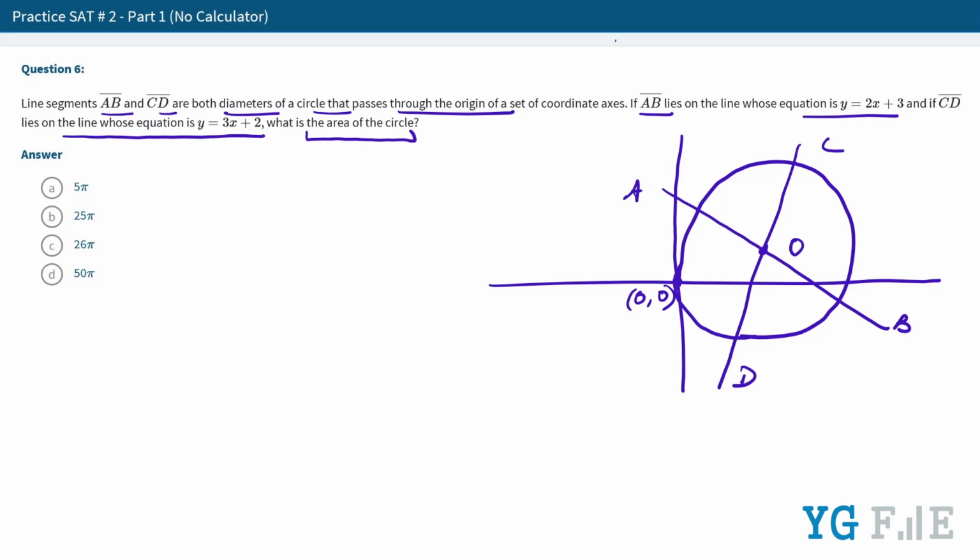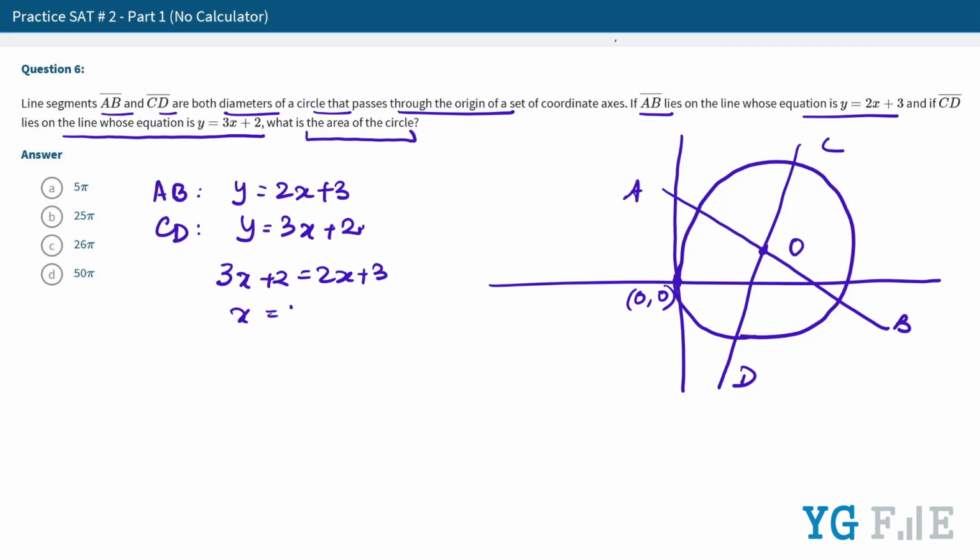To find the point of intersection, we can use the information that AB is on y = 2x + 3 and CD is on another line whose equation is y = 3x + 2. We can find the point of intersection by eliminating y, like 3x + 2 = 2x + 3.